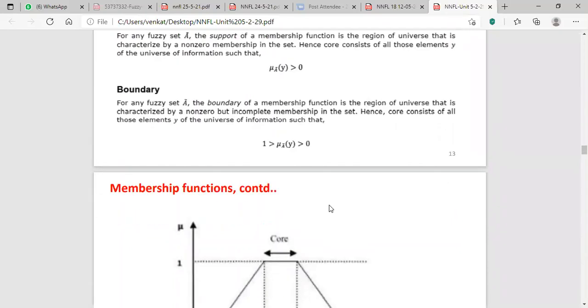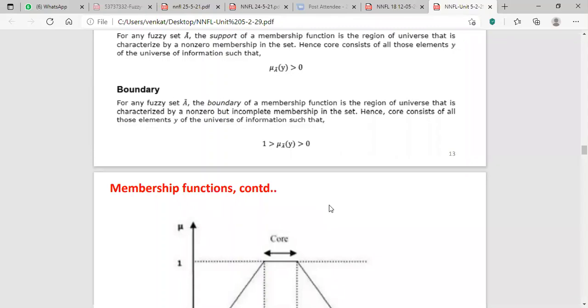Boundary is the region characterized by non-zero but incomplete membership in the set. Core consists of all the elements. Support consists of non-zero membership in the set.